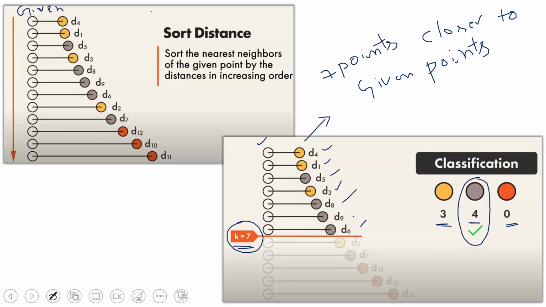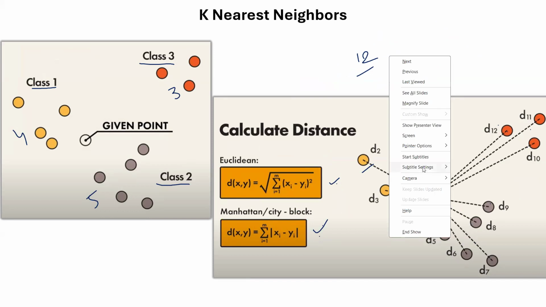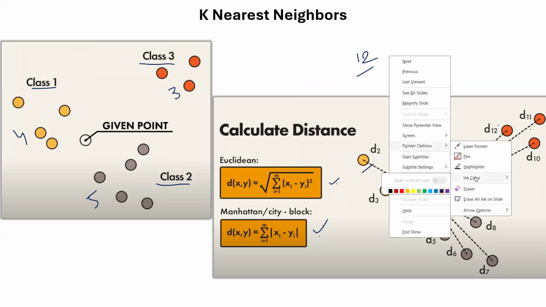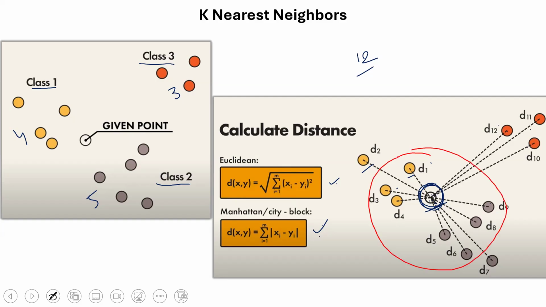Okay, so intuitively, we are taking the closest points to this given point and then choosing the class of those points. What we are trying to do here is assign a class to this particular point based on the majority of the classes that fall within that boundary. Let's suppose we are taking 7 points here. These are the 7 points closest to this given point based on the distance calculation, right?